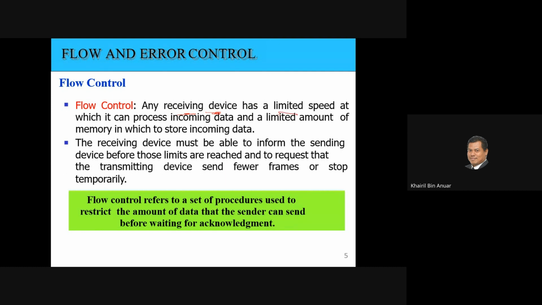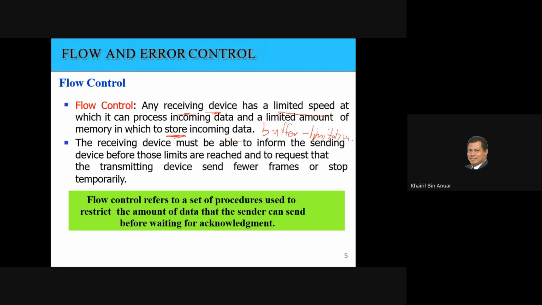It has a limit on the speed at which it can process incoming data and a limited amount of memory in which to store incoming data. This storage is usually what we call the buffer. Your buffer has a limited size.